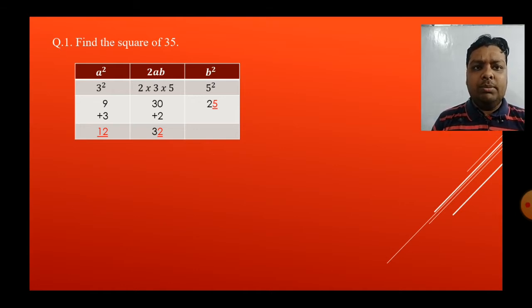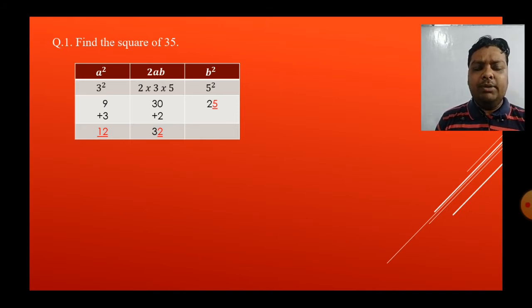At first solve 2AB: 2 times 3 is 6, 6 times 5 is 30. Then we add the tens digit of B square with 30, and we get 32. In the same way we find the 3 square value, which is 9.